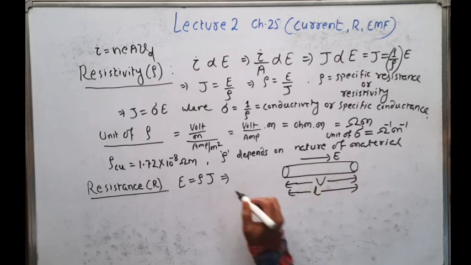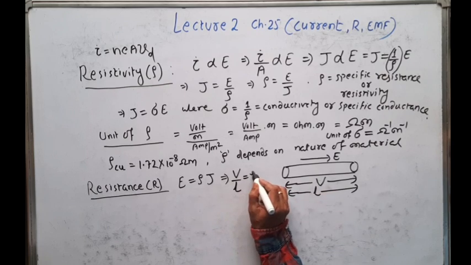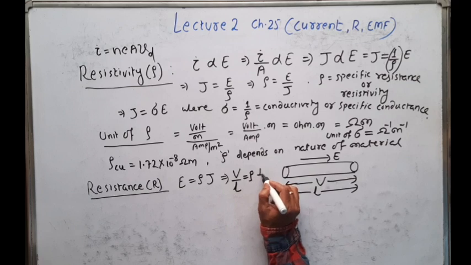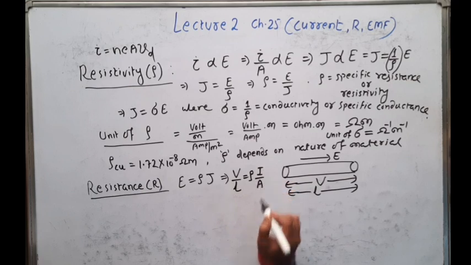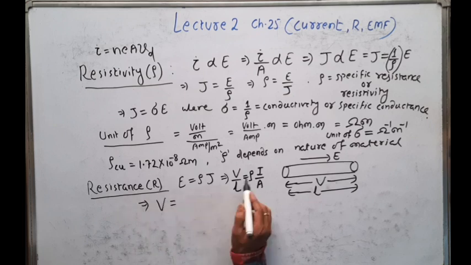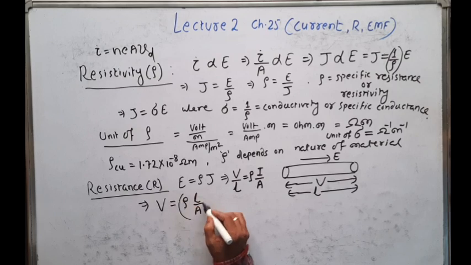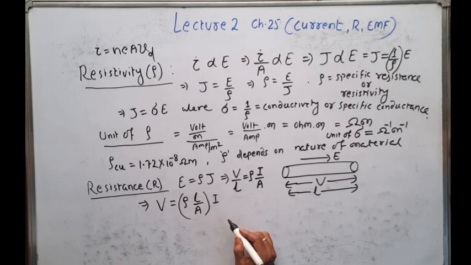Here the potential difference is V and length is L, so E is equal to V by L, that is equal to rho J. J is current density, that is I by A. So now we can write V is equal to rho L by A whole into I.